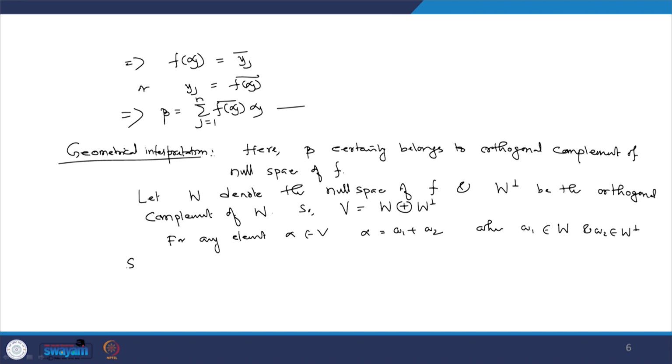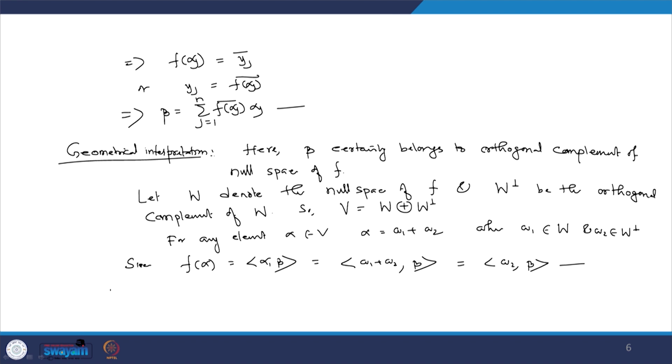Since f of alpha equals the inner product of alpha and beta, I can write the inner product of W1 plus W2 and beta. So this will be equal to the inner product of W2 and beta, because the inner product of W1 and beta equals 0. So that is why it is like this only.